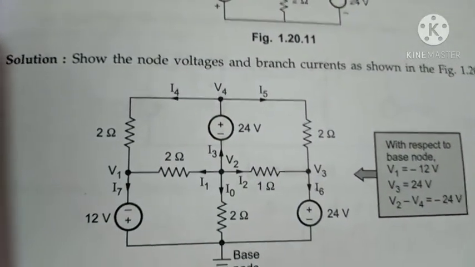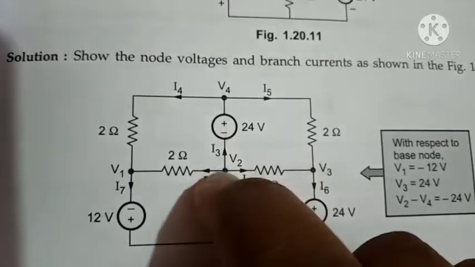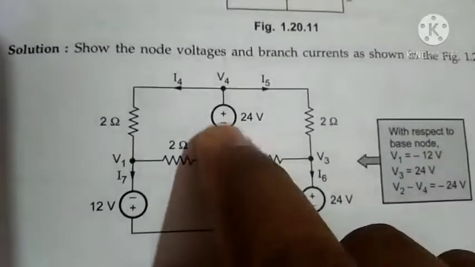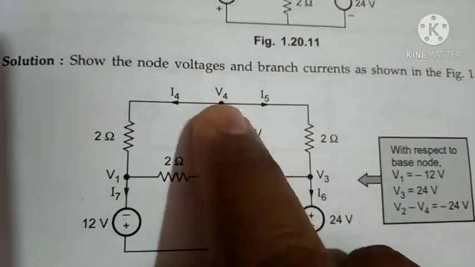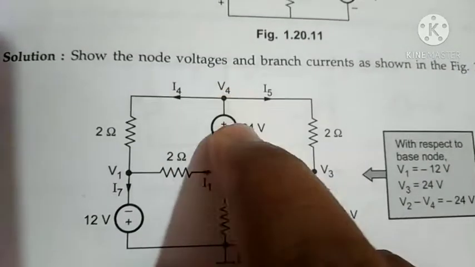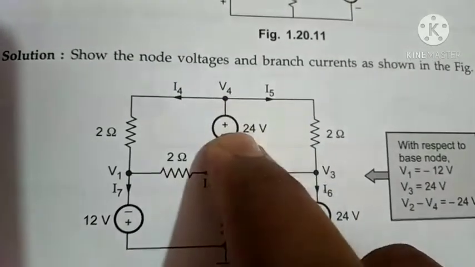Here we have a voltage source without resistance in series. This is called an ideal voltage source, because there is no internal resistance connected with it.